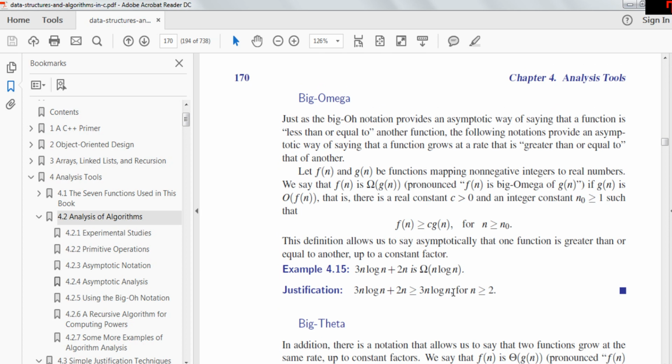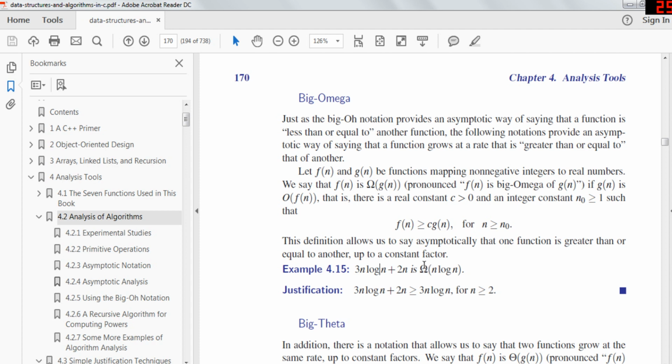So what does this mean? It's basically saying you have a notation providing a way to say that a function grows at a rate greater than or equal to another. Big omega is saying that the function 3n log n plus 2n is big omega of n log n. What is that saying?